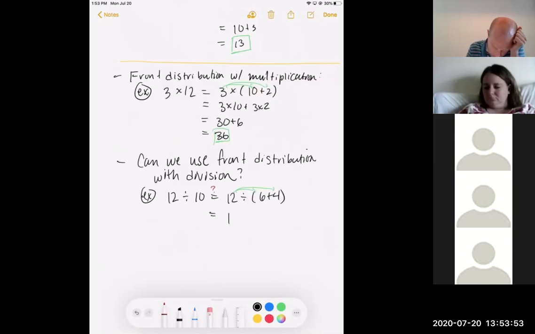Here's where my front distribution happens. 12 divided by 6 plus 12 divided by 4. Okay, are these equal? 12 divided by 10, 12 divided by 6 plus 12 divided by 4. What do you guys think?